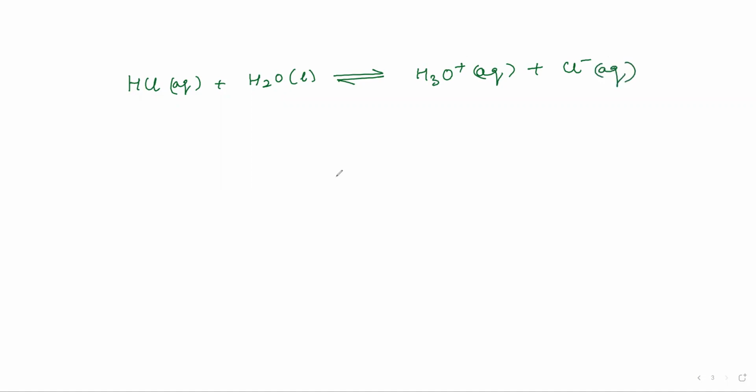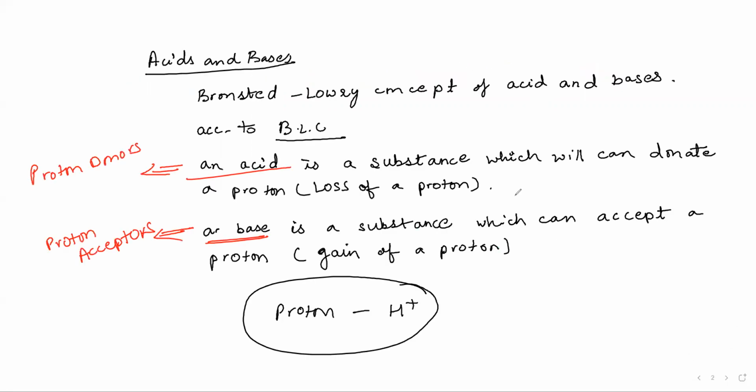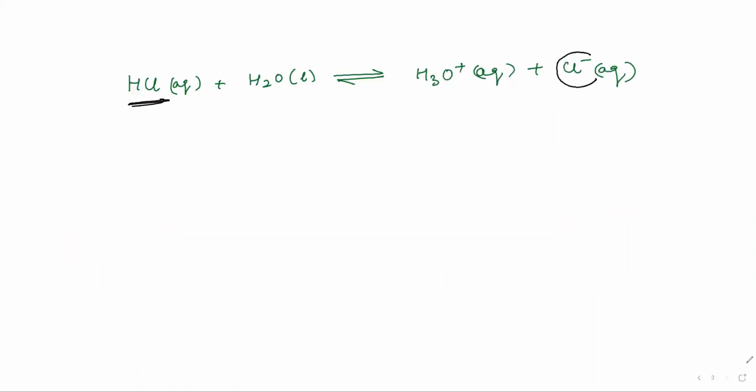Here, if you see, there is a loss of proton from the HCl molecule. HCl is losing a proton and changing into Cl negative, chloride. And we know that where there is a loss of proton, it is an acid. So HCl is acting as an acid.